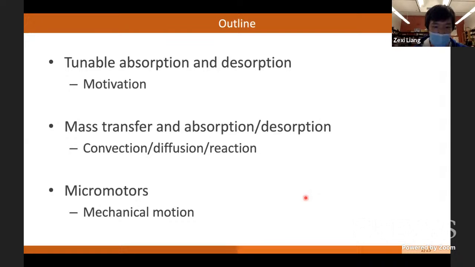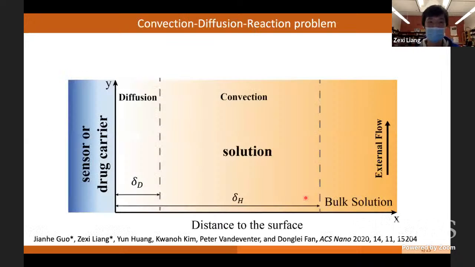And in particular, we utilize micromotors, which are micro scale or even sub-micro scale particles that can move under either an external field or the chemical field in the solution to generate mechanical motion. We want to utilize this mechanical motion to realize a tunable absorption or desorption rate.